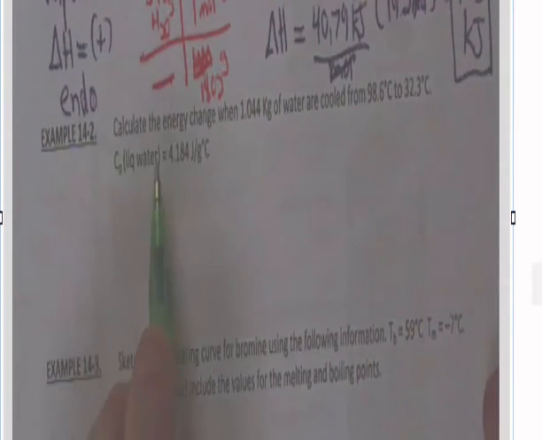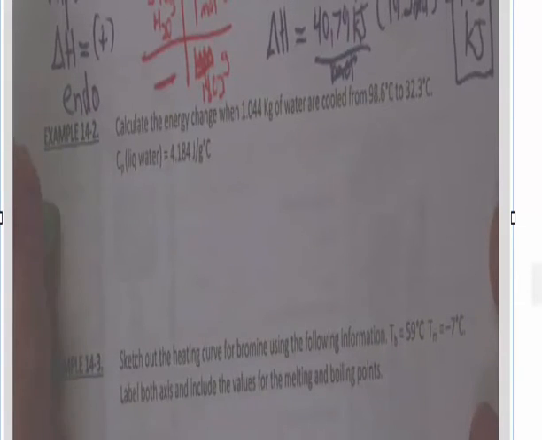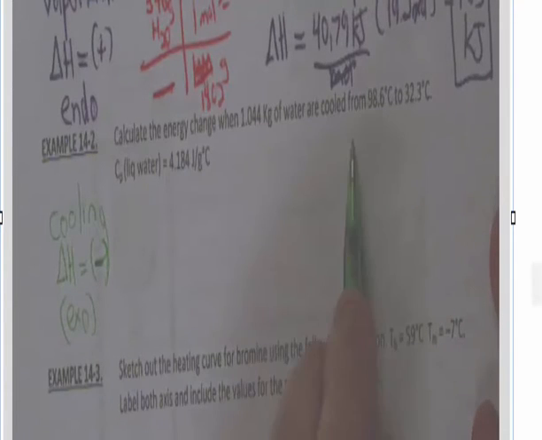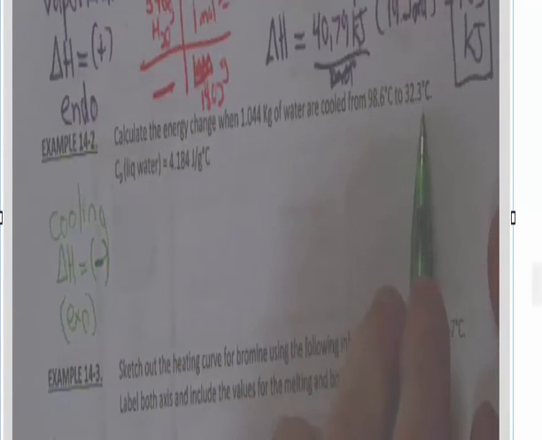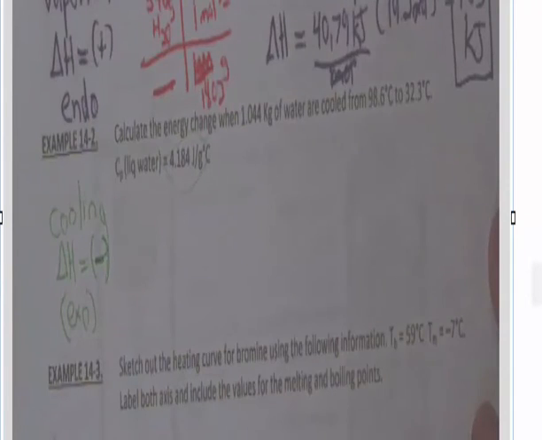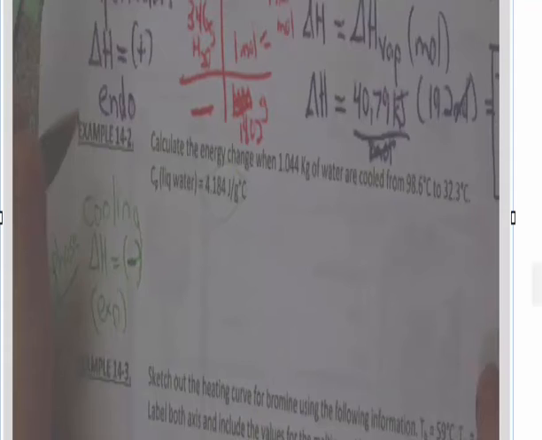Calculate the energy change when 1.44 kilograms of water is cooled. Notice that we are cooling here. That means delta H is going to be negative, because this is exothermic, from 98.6 degrees Celsius to 32.3 degrees Celsius. Cp of water, which gives me a good clue of what equation I'm using, is 4.184 joules per gram degree Celsius. Since this is not a phase change, this is a temperature change; the last one was a phase change.